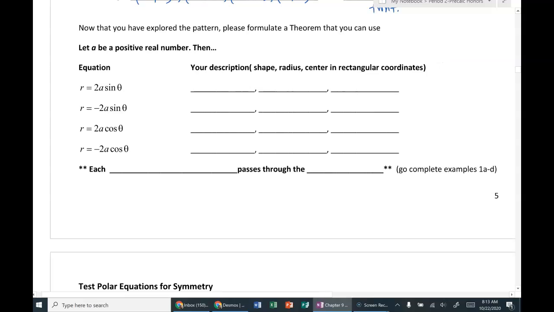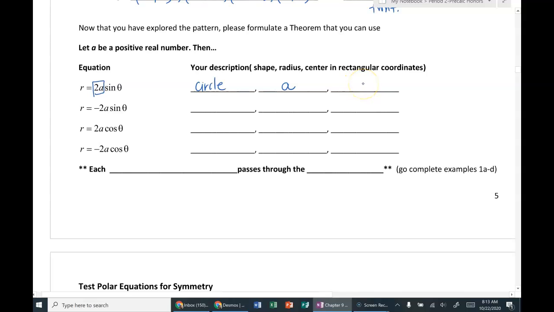Okay, all right, let's do it. So we have a few equations here. r equals 2a sine of theta. Now this is a circle. Because this number in the front is 2a, and the radius is half of that, the radius is just a.